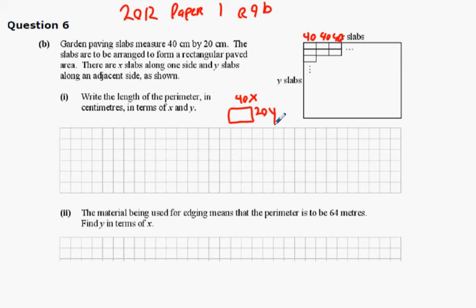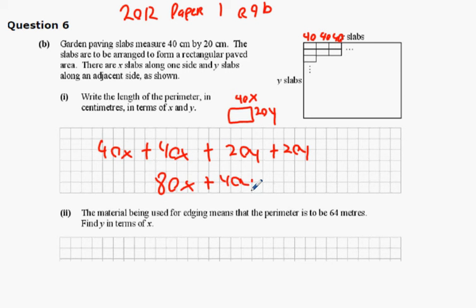Okay, now once this is done, we need to find the length of the perimeter in centimeters. The perimeter is, add them all together, 40X plus another 40X plus 20Y plus another 20Y, which is 80X plus 40Y.